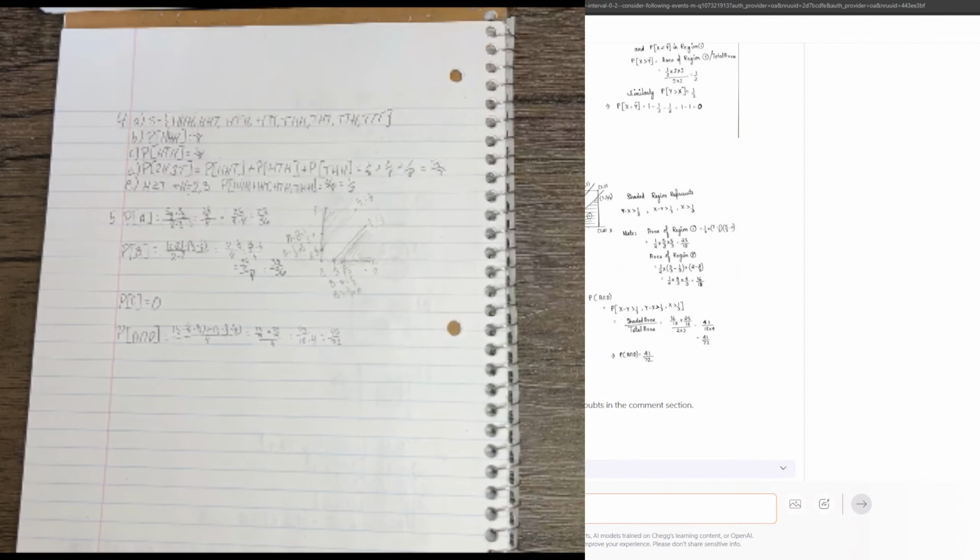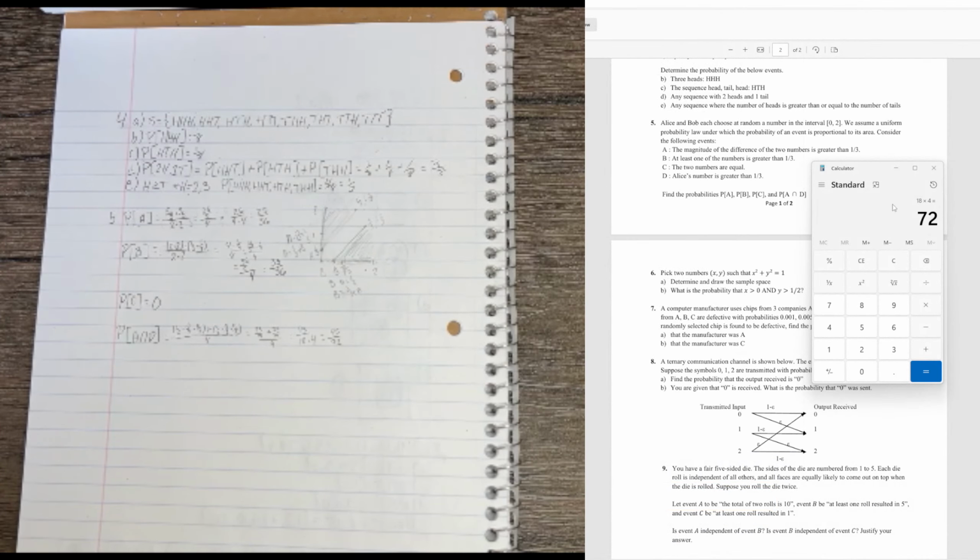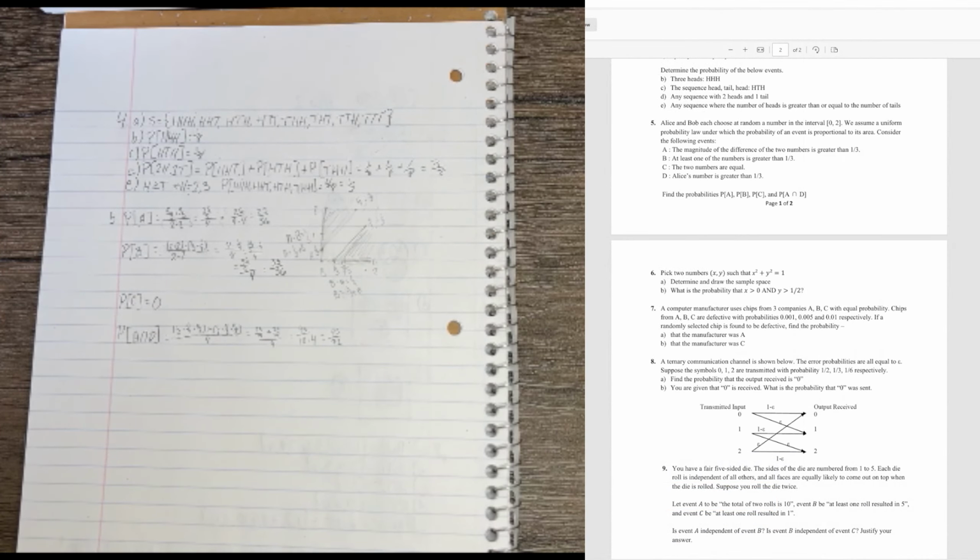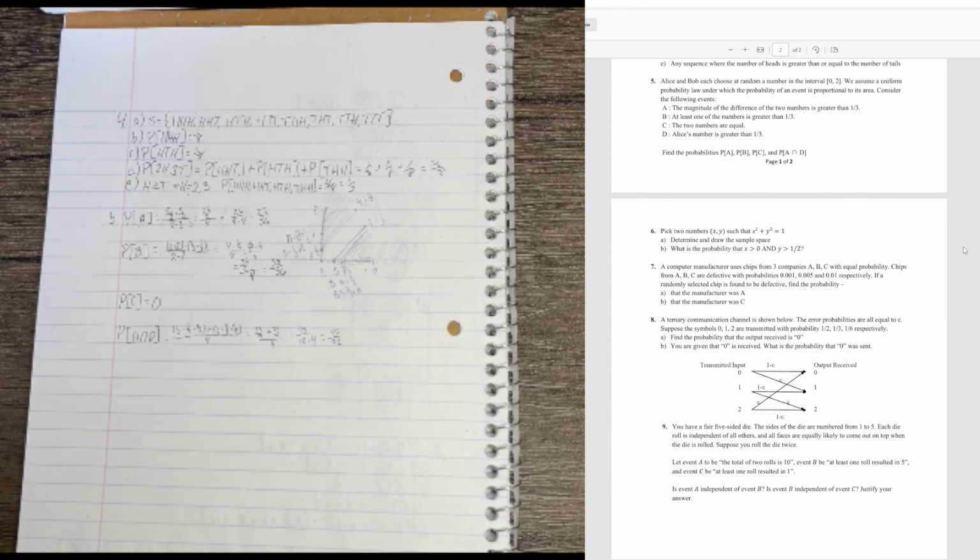So yeah, I'm just going to go with my answer, 45/72. Because I don't see why they took off another third here. Because logically, when I think about it, it doesn't make sense. So, yeah, we'll leave it at that.